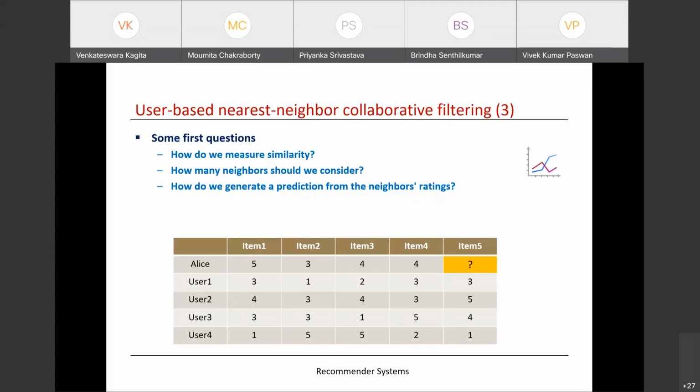So these are all the questions that come to our mind, right? How do we measure the similarity between the users, how many similar users do we have to consider, and once we identify the similar users, how do we make a prediction from their ratings? What is the formula that we should use? So these are the initial questions that come to our mind. So let us see them one by one.